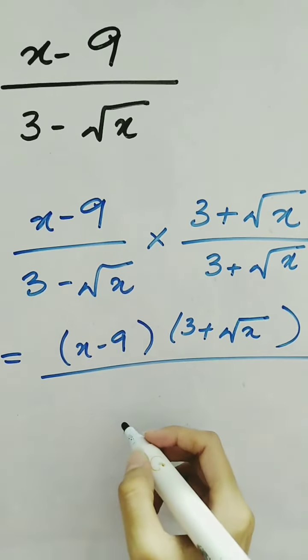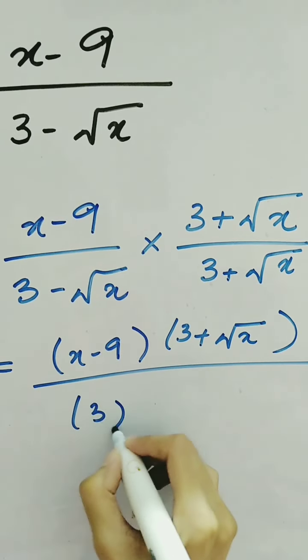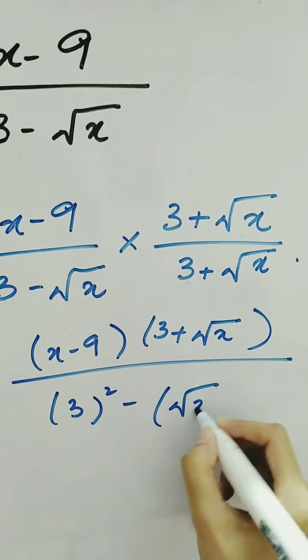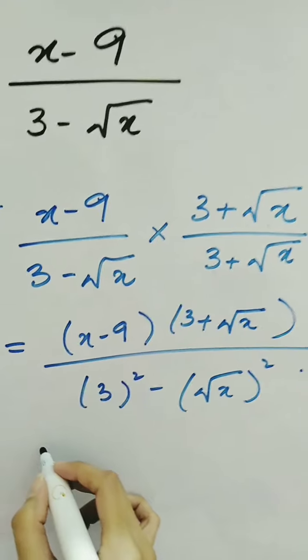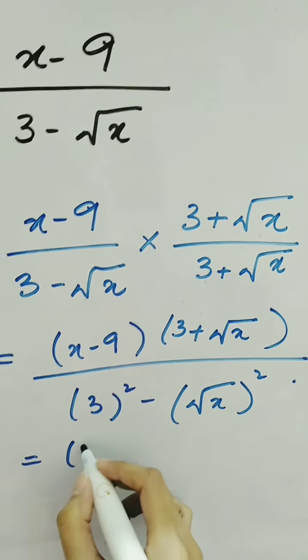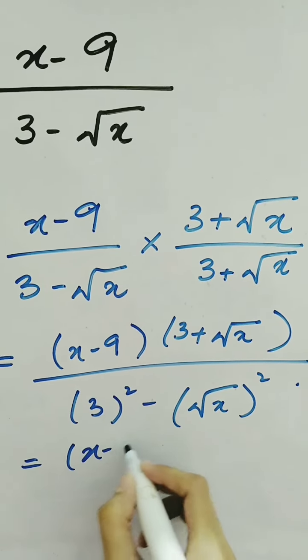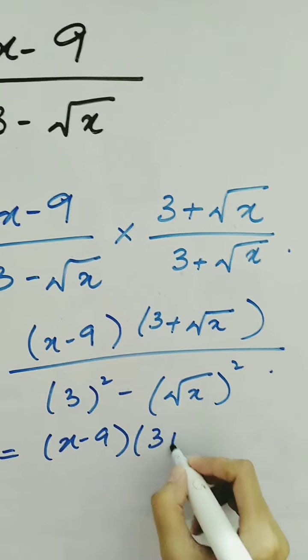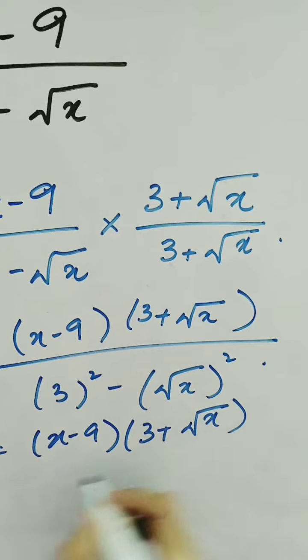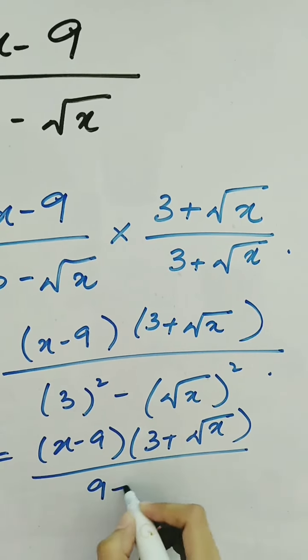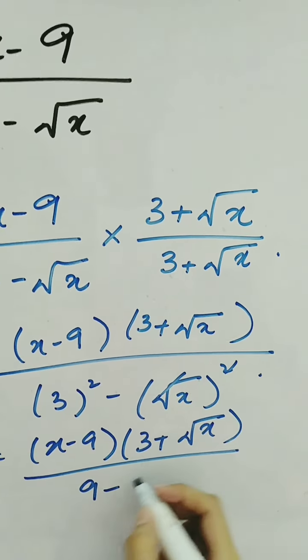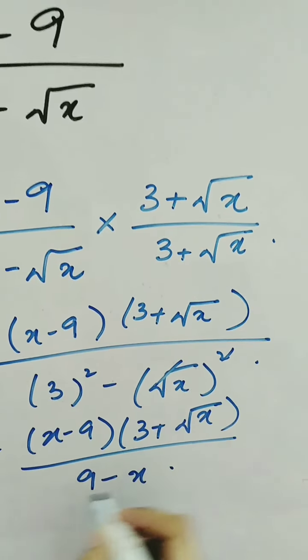And we will have x minus 9, 3 plus root x over, here we are going to apply the formula a square minus b square. So we have 3 square minus root x square. We have x minus 9, 3 plus root x over 9 minus, this cancels out with this, and we have x.